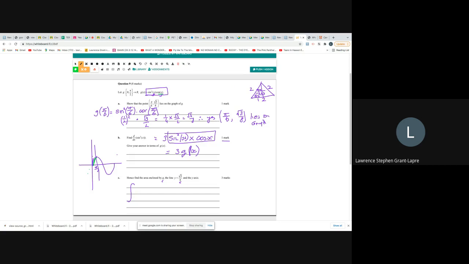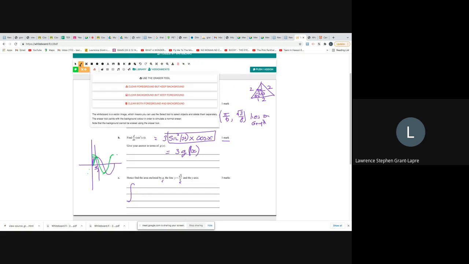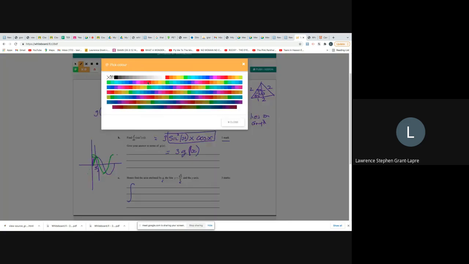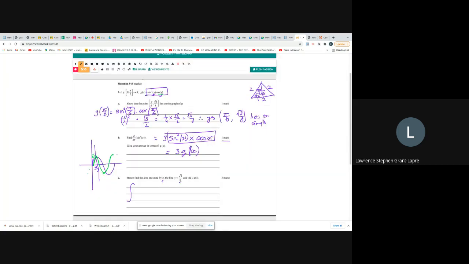And cos x goes like this. So we're going to have a product of a fraction of a fraction again. 1 at 0, it's going to go like this.